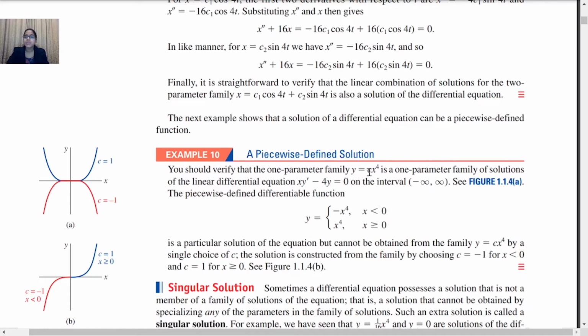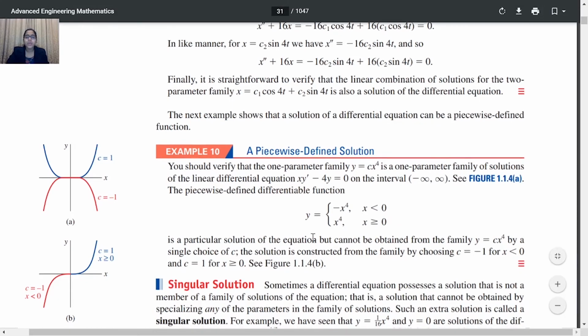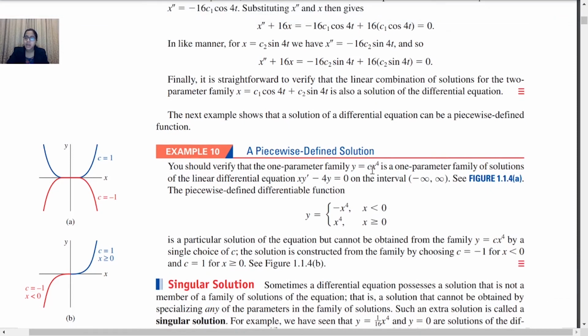I am substituting values for c, but this solution cannot be obtained as a part of this family. Why? This particular solution, that is why I am defining it with a break, cannot be obtained as a member of this family, because I would have to substitute two values for c at the same time.